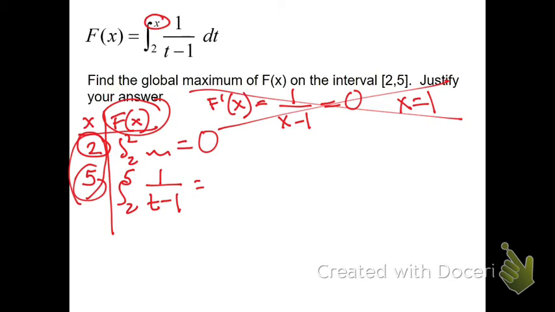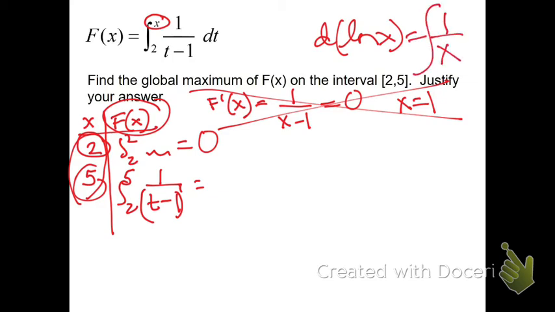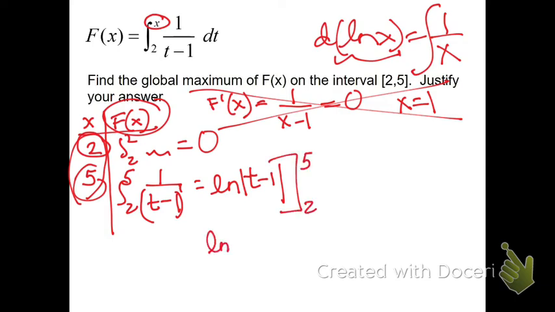This is the entire denominator to the first power. Remember, the derivative of the natural log of x is 1 over x, and this is the one that in reverse you have a natural log. So this is the natural log of t minus 1, evaluated from 2 to 5. So it's the natural log of 5 minus 1 minus the natural log of 2 minus 1. Sorry, that would be 1.